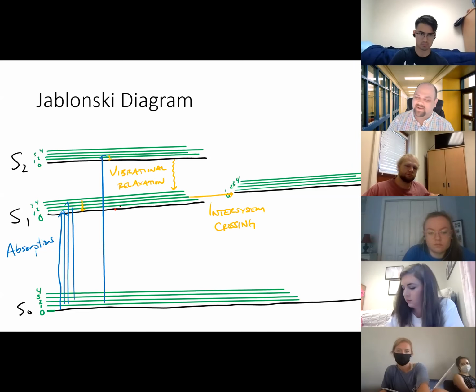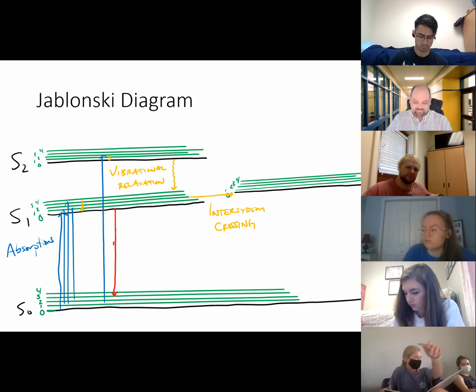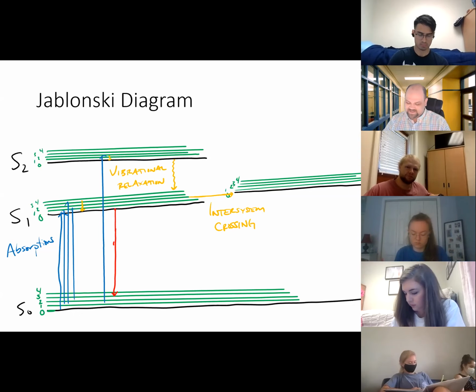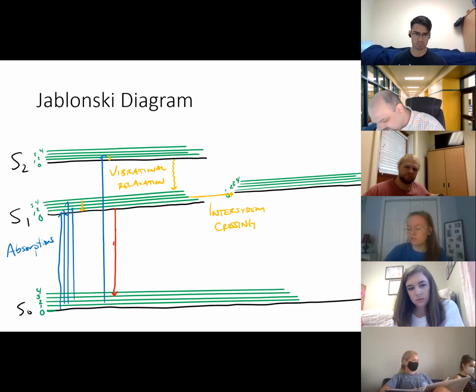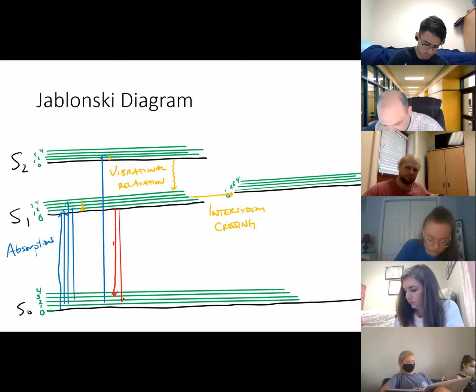The wording can get confusing, right? And then he's going to go down in energy to some ground electronic state, even if it's an excited vibrational state, right? And again, just like you get lots of different absorptions, you get a lot of these different emissions. Okay.